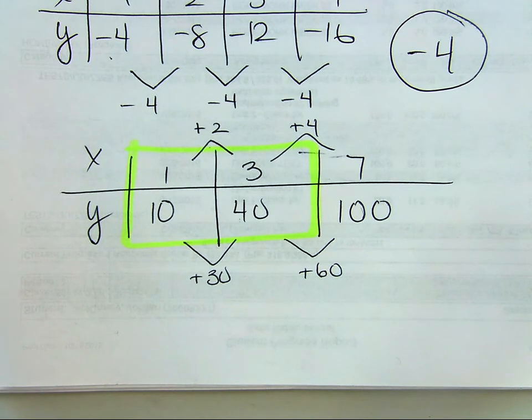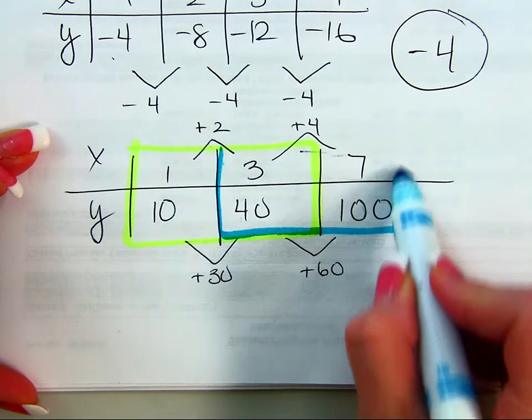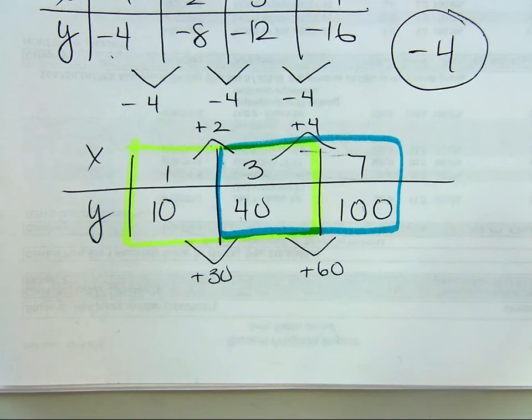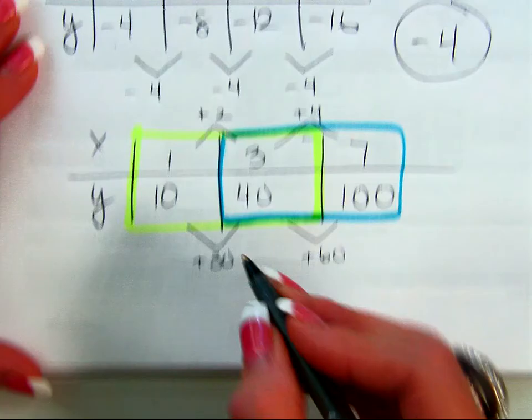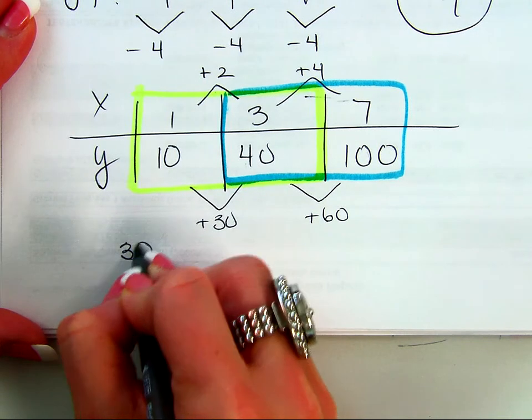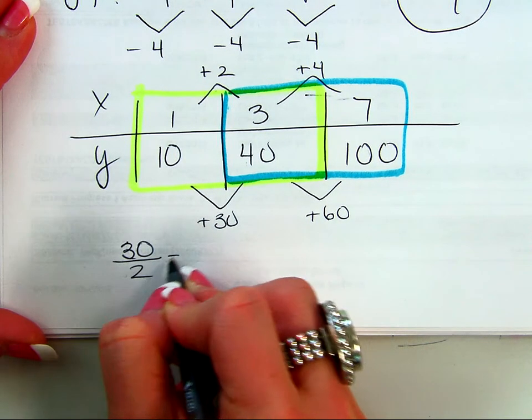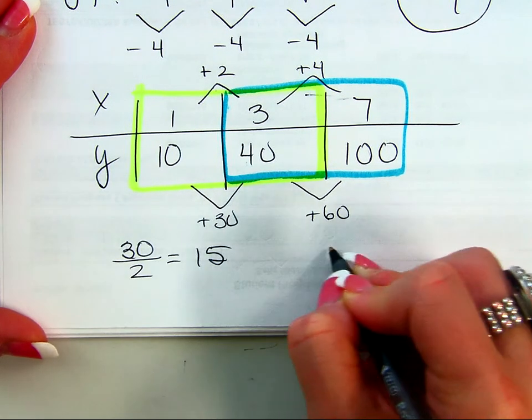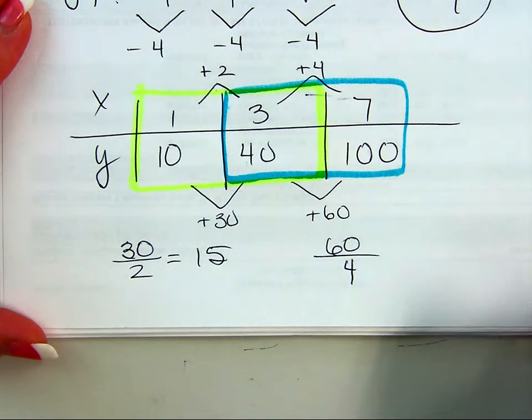And then pair these 2 together and see what that gets. Does anybody think they have it? Yeah. What do you think? 15? Awesome. Because for every 30 you earn for every 2 hours, that's 15. And here you're earning 60 for every 4 hours.